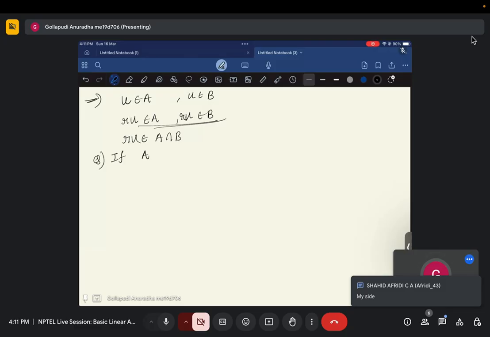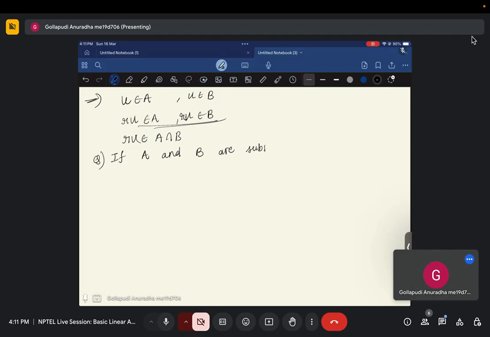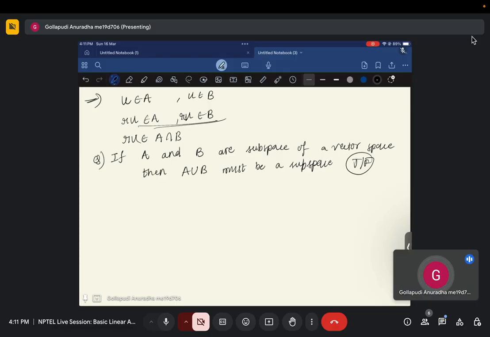So, a true or false question again. If A and B are subspaces of a vector space, then A union B must be a subspace. True or false? If true, why is it true, and if false, what is the correct statement, when can this be correct?